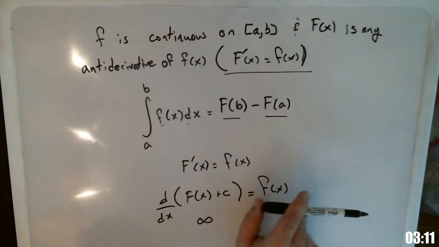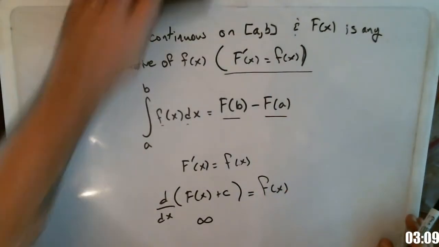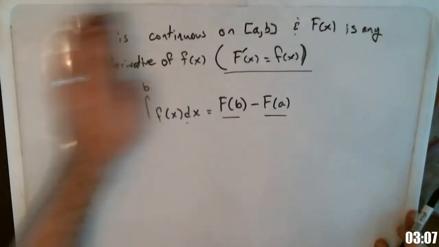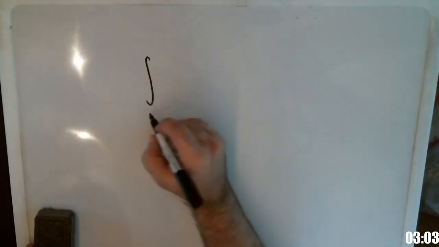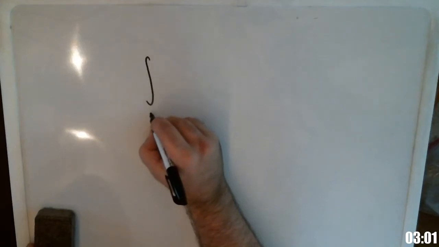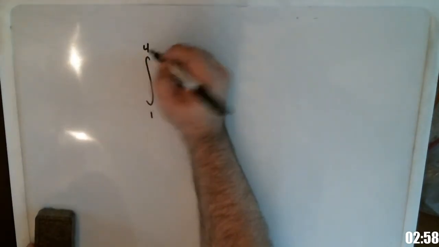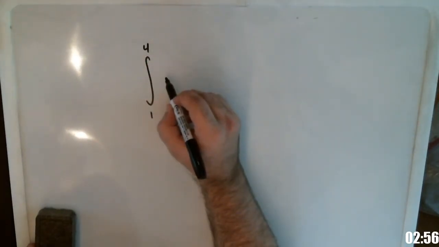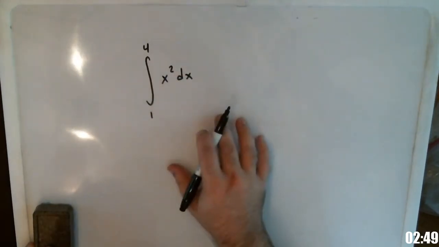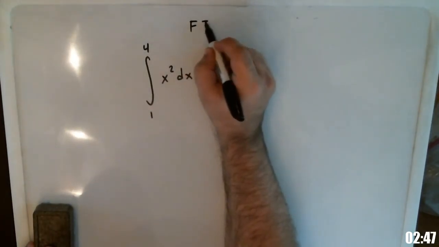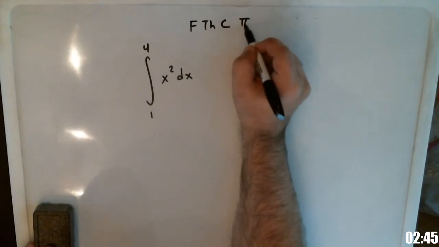I've got a lot of extra time here, so let's go over an example of how to use this. Let's say I want to find the area from 1 to 4 of x squared dx, using the fundamental theorem of calculus part 2.